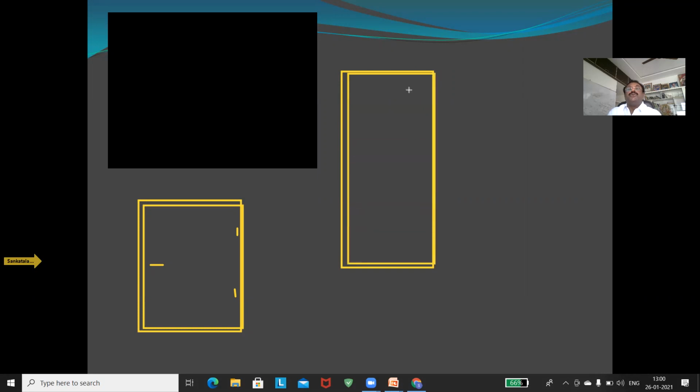Now this is a door. Just once again, you know very well, every day we are opening it. So while opening the door, we are applying the force. Now the door is opened by applying force exactly perpendicular. So after opening the door, now what happened?